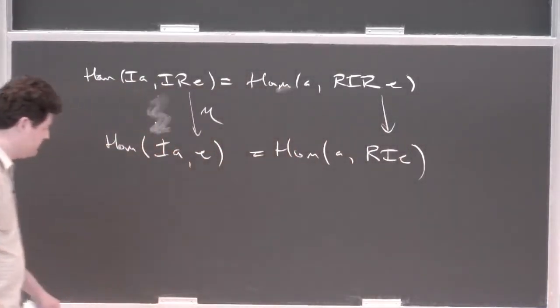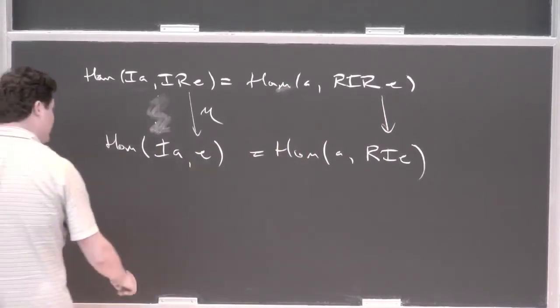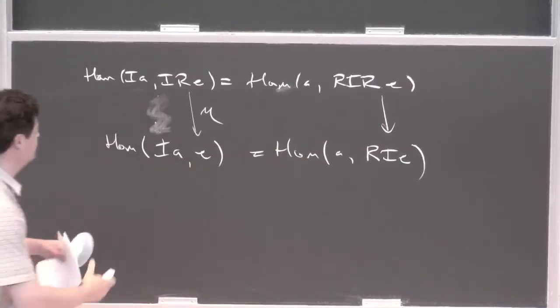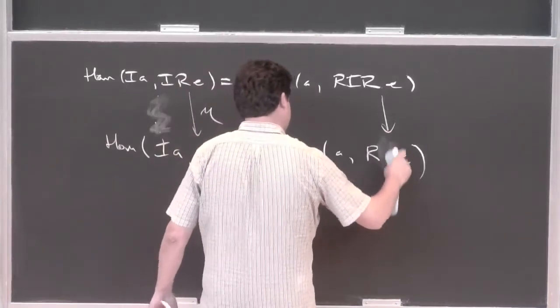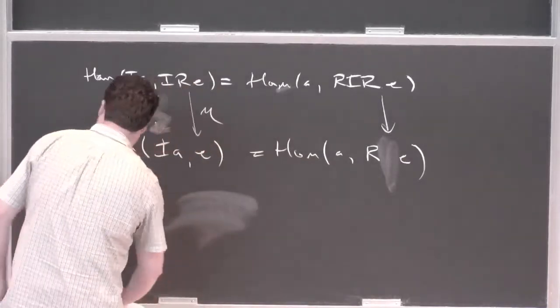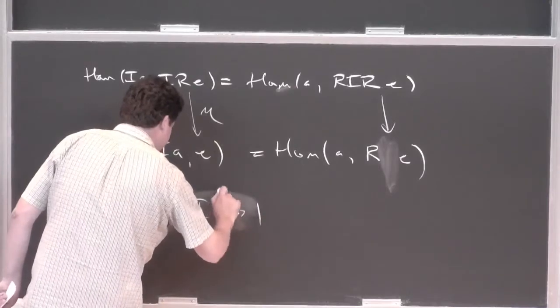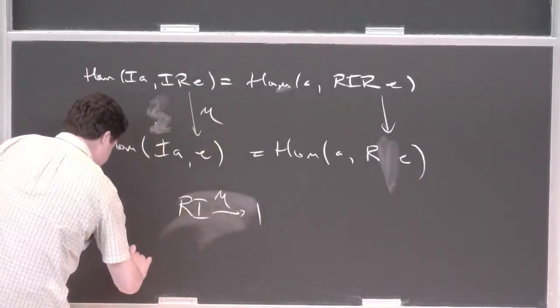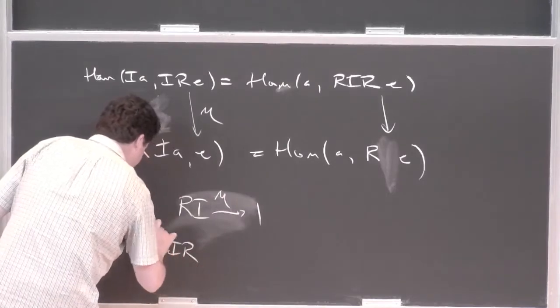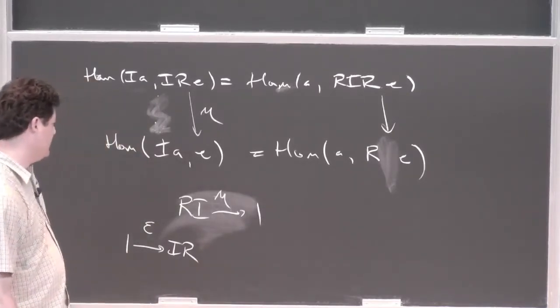And if you read Mac Lane and you really like units and co-units of the adjunction, you know, wait, something's wrong. This I should not be here. How do the unit and co-unit of an adjunction go, right? You have the unit, the co-unit like that, and you have the unit like this.